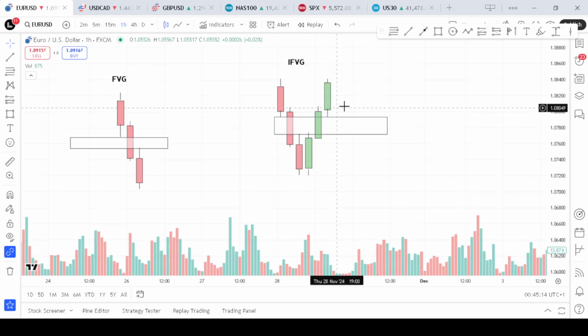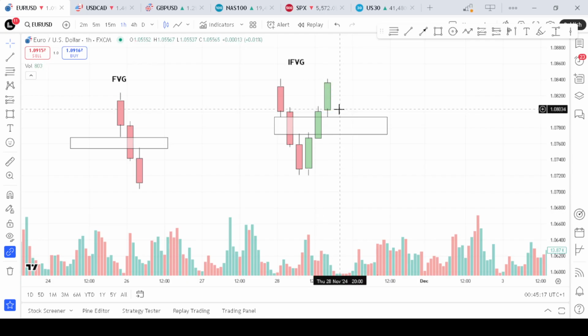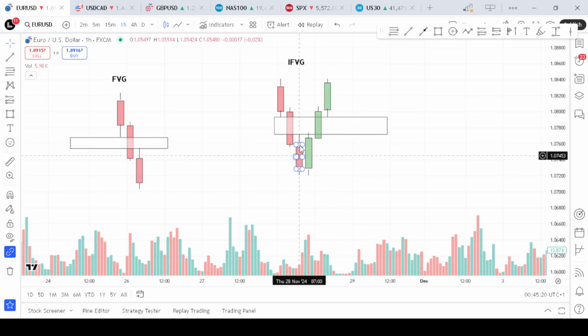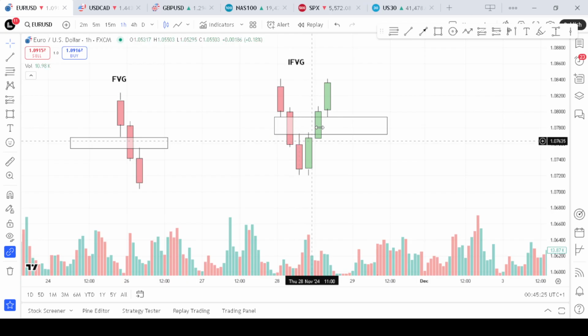You will then identify this pattern when the middle candle low sits higher than both the first candle's high and the third candle's high. This formation suggests strong buying pressure and often leads to upward price movement.